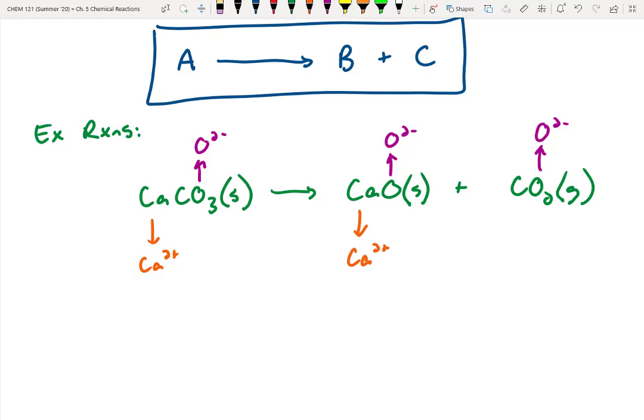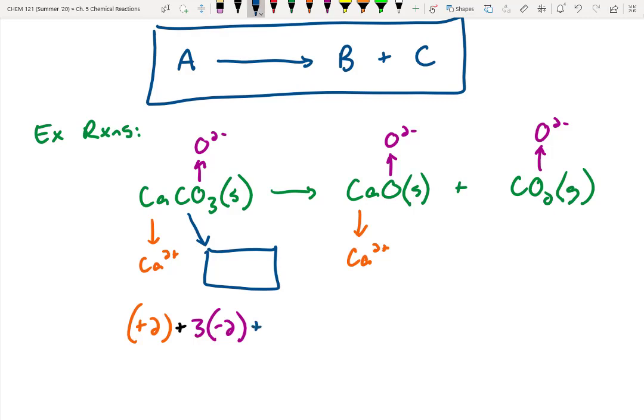Okay, and this last one is carbon. So let's think about it. What should the charge be for this carbon in calcium carbonate? Well, we said that the calcium is going to be +2, so that's one part. And then we'd say, well, we've got 3 oxygens, which are each 2 negatives. So I'd say 3 times -2. That's going to be my oxygen side. And then I'm just going to call this value X. That's going to be the charge for carbon here.